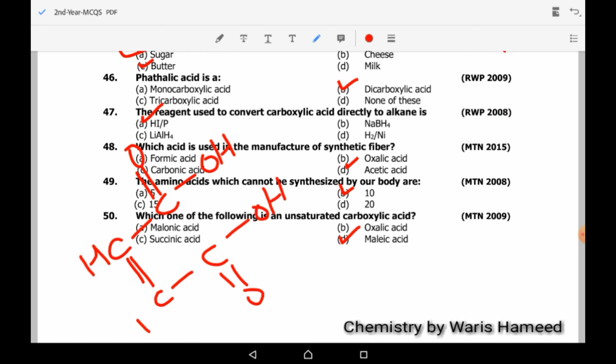Now you can see it's maleic acid, and it is prepared by the catalytic oxidation of benzene. When we perform catalytic oxidation of benzene, it forms maleic anhydride. On addition of water, maleic anhydride converts into maleic acid. Its cis form, when we studied about its trans form, it converts into fumaric acid.